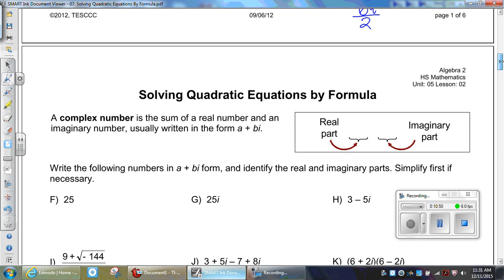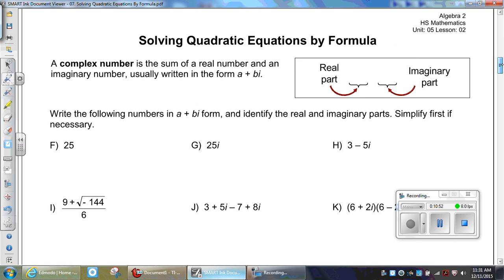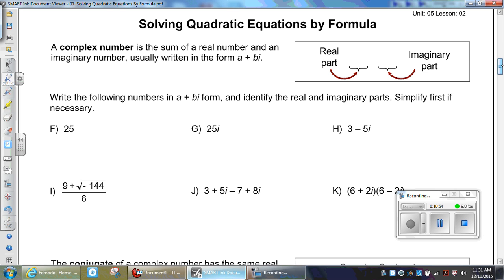All right. Now, what I was saying about standard form, that will look like this. A plus B, and then i would just simply be multiplying the imaginary coefficient. So a complex number is the sum of a real number and an imaginary number. And we write them in this form, and that is what we refer to as standard form.